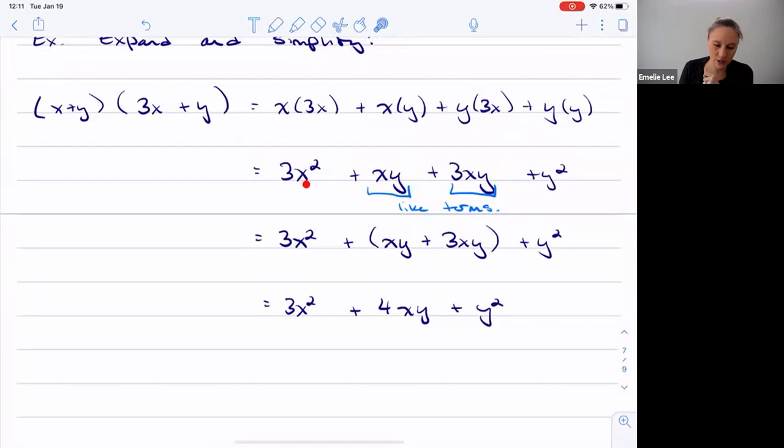We're going to come back to exponents, but because we haven't introduced exponents, how did we move from x times 3x to 3x squared, and same thing with y times y as y squared?